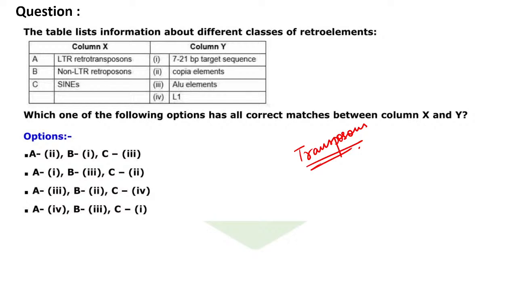LTR retrotransposons, non-LTR retrotransposons, and then you have the SINEs. On the other hand, you have the information related to the same, where you have 7 to 11 base pair target sequences, copia element, Alu elements, and then you have L1. Try the question, everyone.